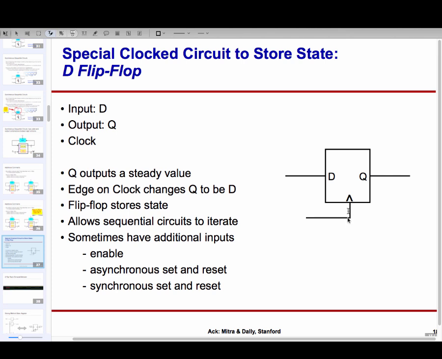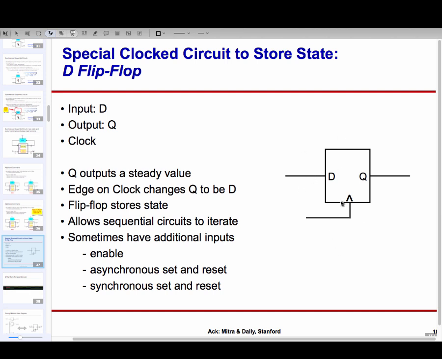But normally, this indicates that every time there's a positive edge on the clock, 0 to 1, then whatever is on the data line gets stored in this flip-flop. And at all times, Q reflects whatever is in the storage, so it's basically outputting whatever is in the storage, but the storage is updated only when there is a tick out here.